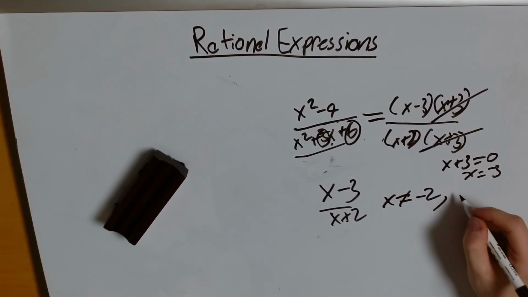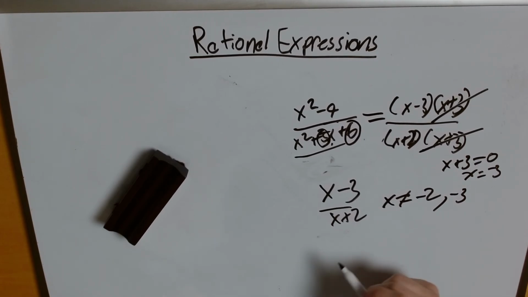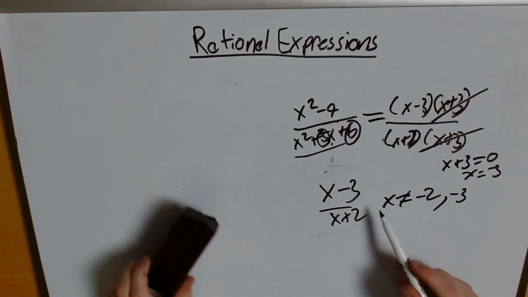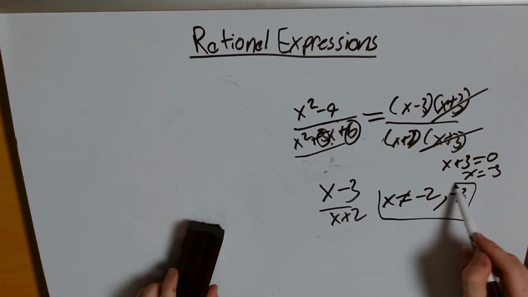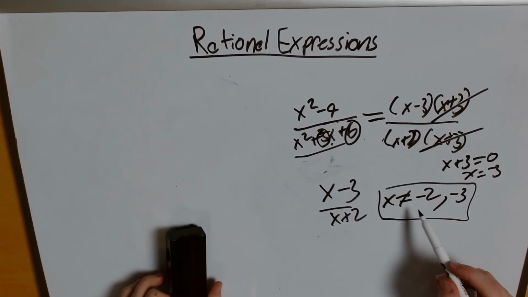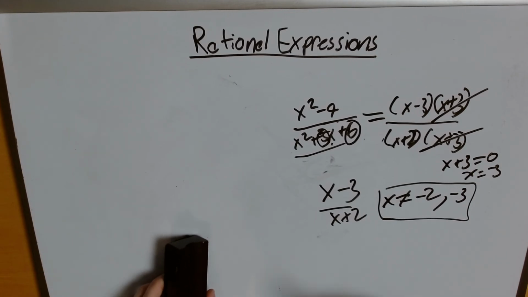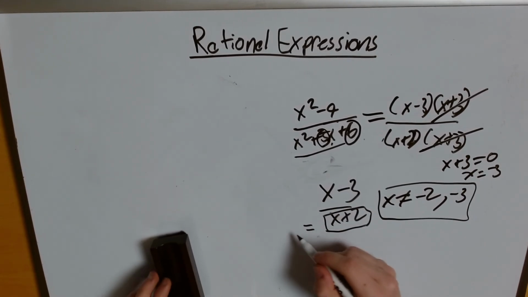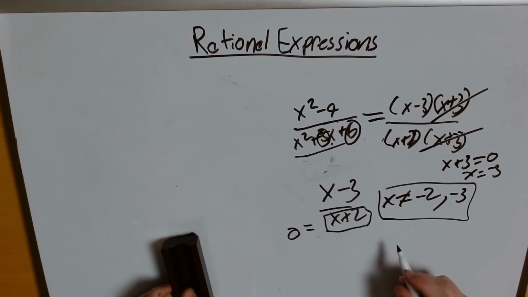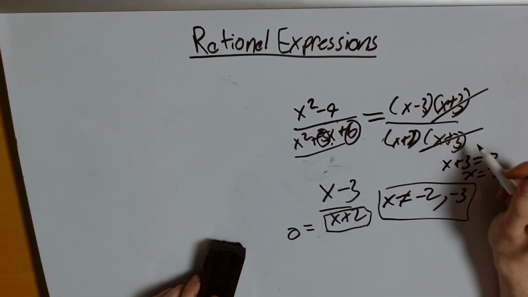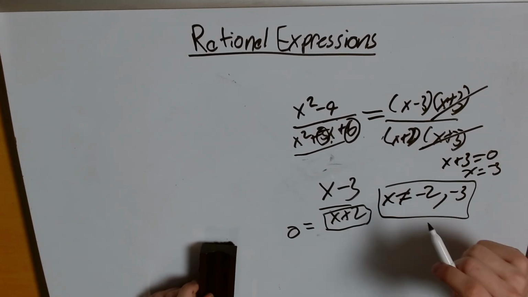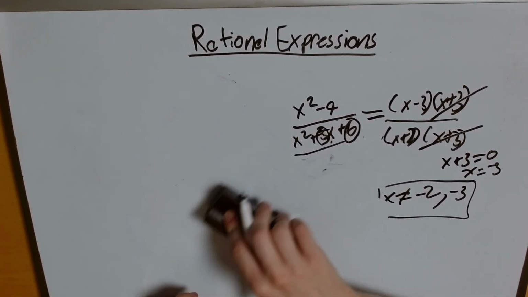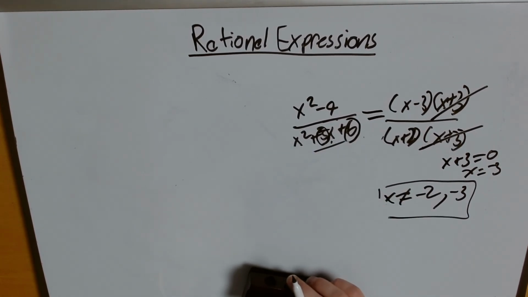So x also can't equal negative 3, because this original expression will become undefined then, right? So the points I have to exclude are negative 2 and negative 3. And I found that first by looking and saying, I set the denominator equal to 0 and just solve for x. And I also set any holes that I had equal to 0 and solve for x. Those are how I find my points where this expression isn't defined.